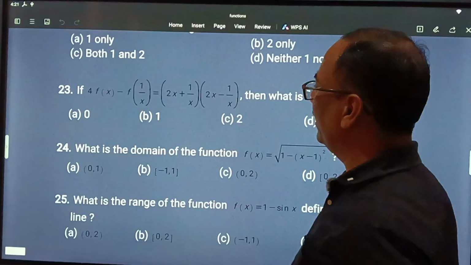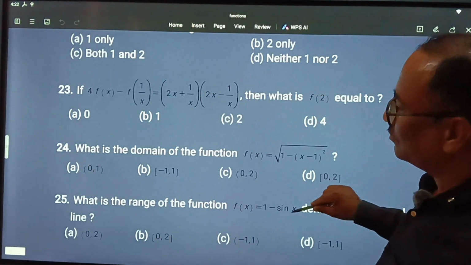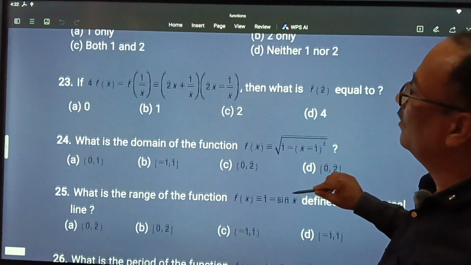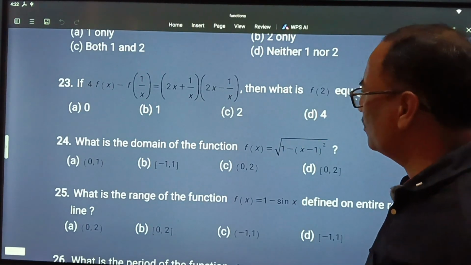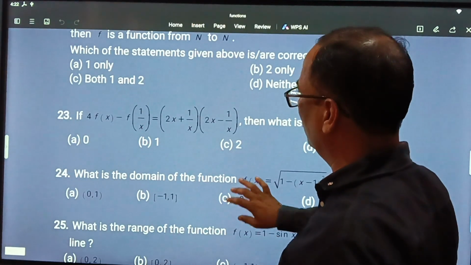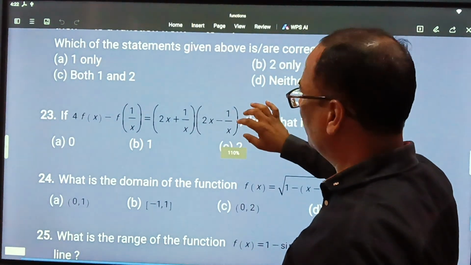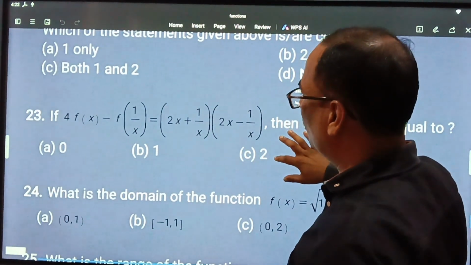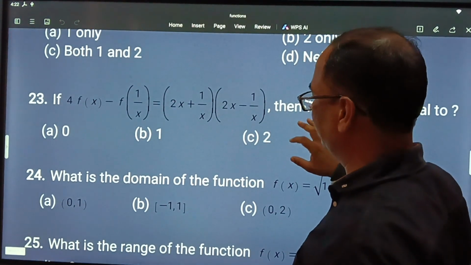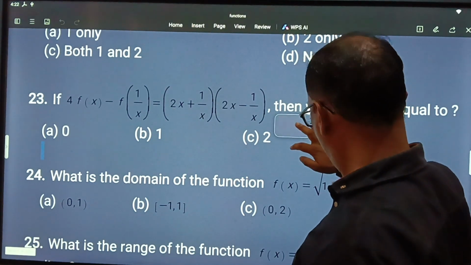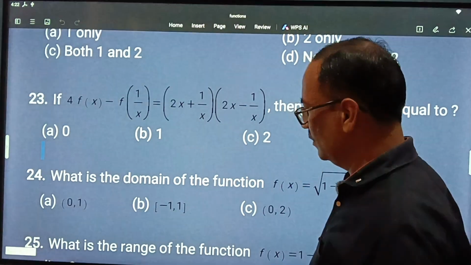Now here is a problem which is defined as. So first of all, we can take this problem as a new folder, 23rd question, and also we can take 24 also.